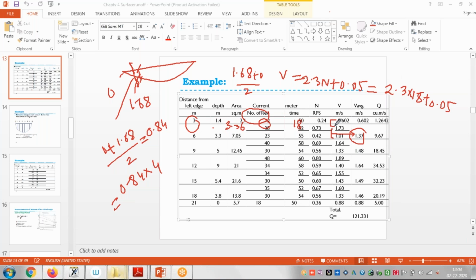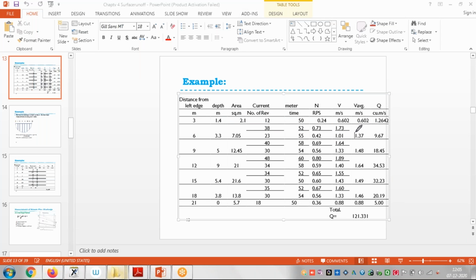If you check the average of these two, you will get this velocity. Is it clear what I'm saying?